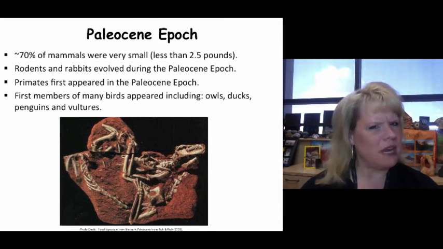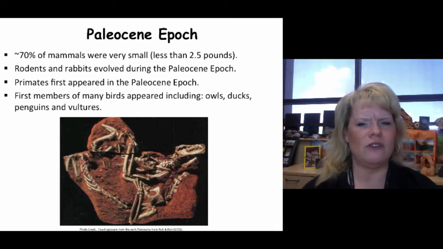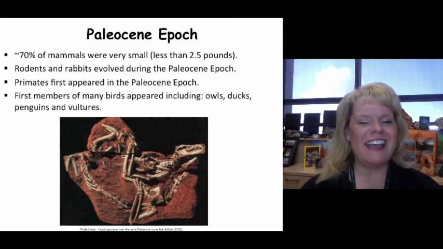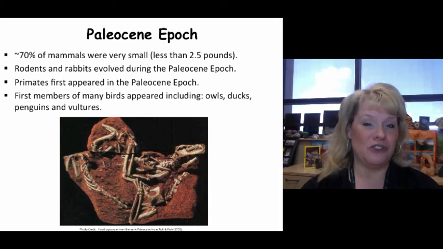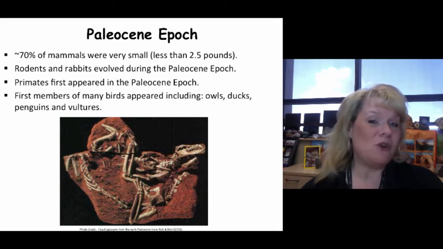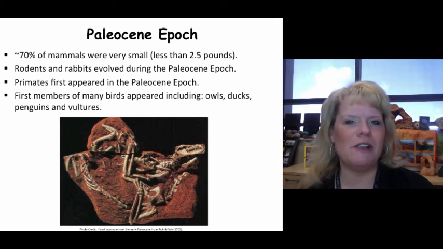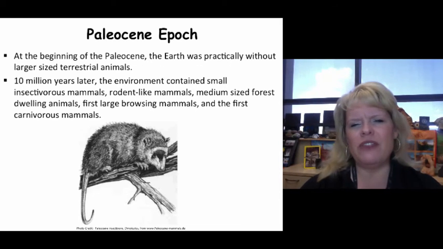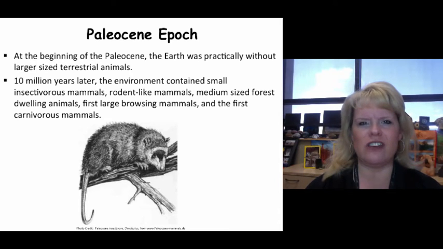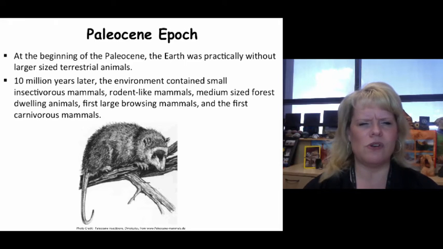We got many of our first birds during the Paleocene, such as owls and ducks and penguins and vultures. That's important to note because throughout the Cenozoic, we're going to end up with modern orders of birds that you would recognize in just a couple of epochs. When we think about the Paleocene, I really want you to think about what could have filled the niches of non-avian dinosaurs.